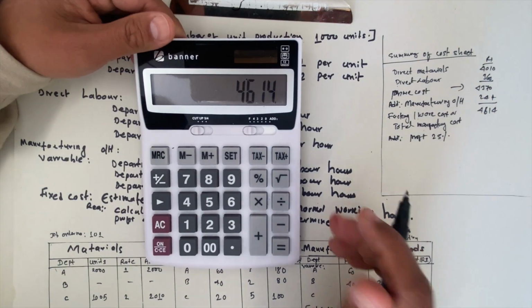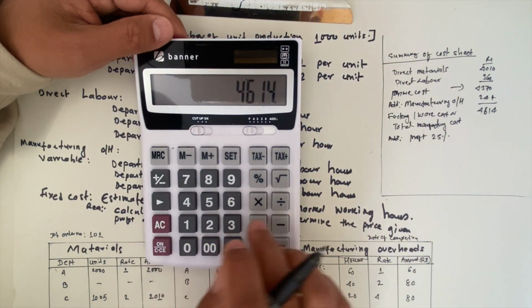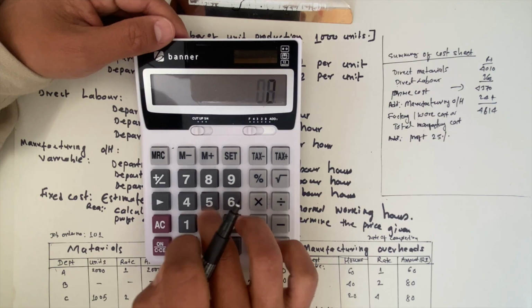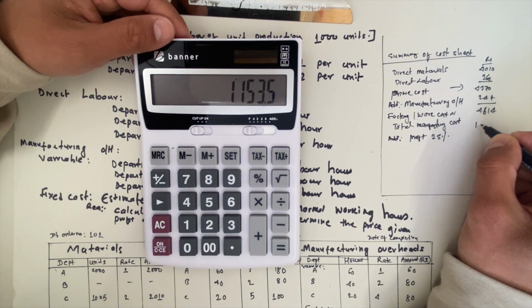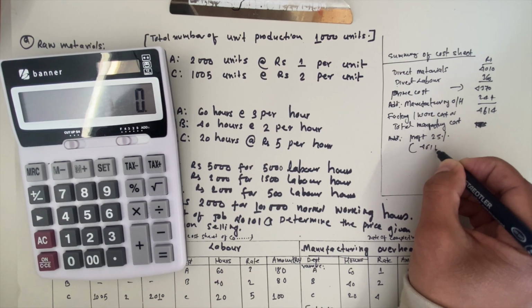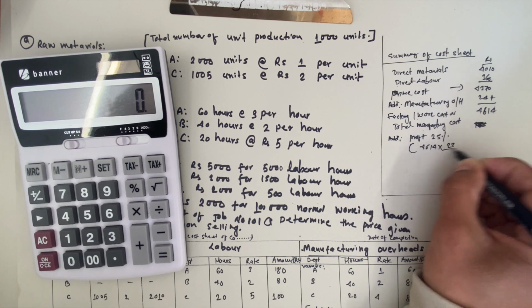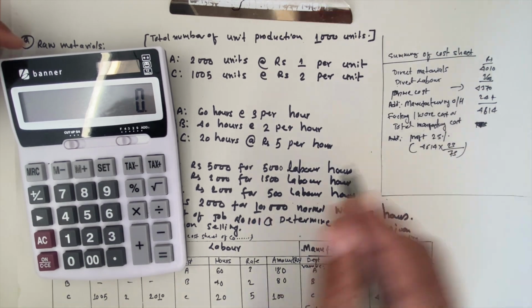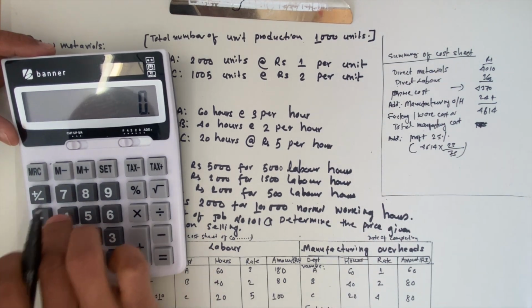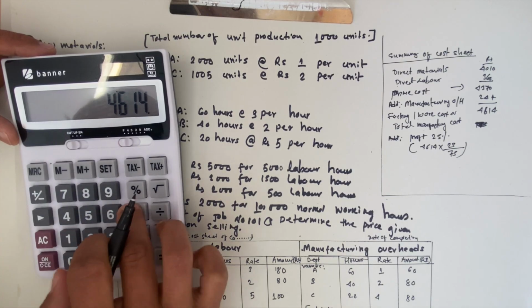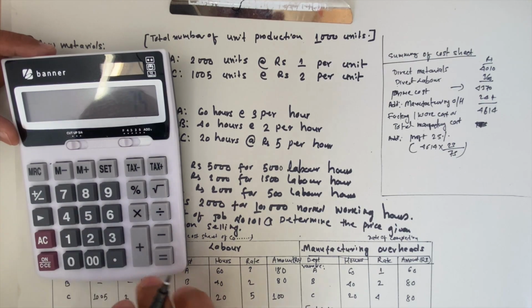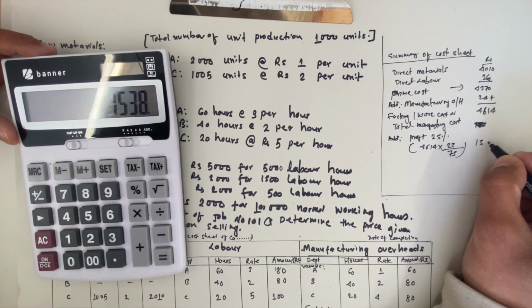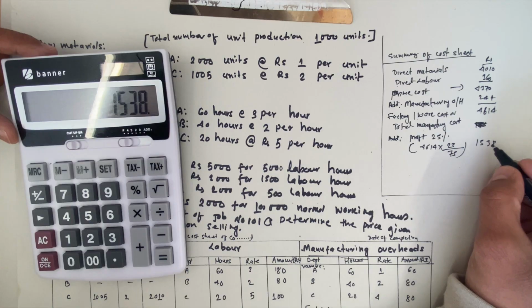So 4614 multiplied by 25 divided by 75, we get the value as 1538.